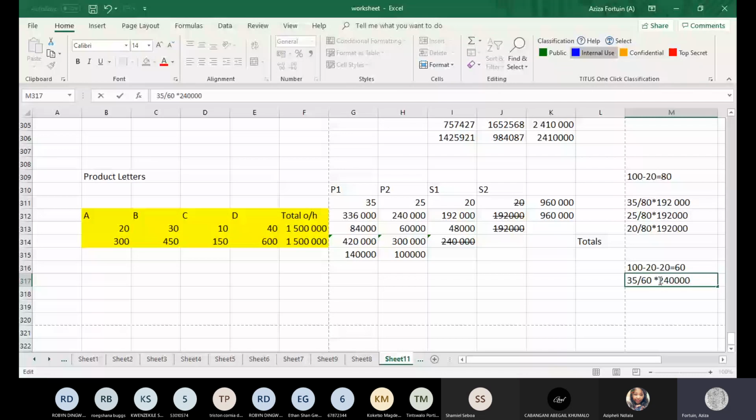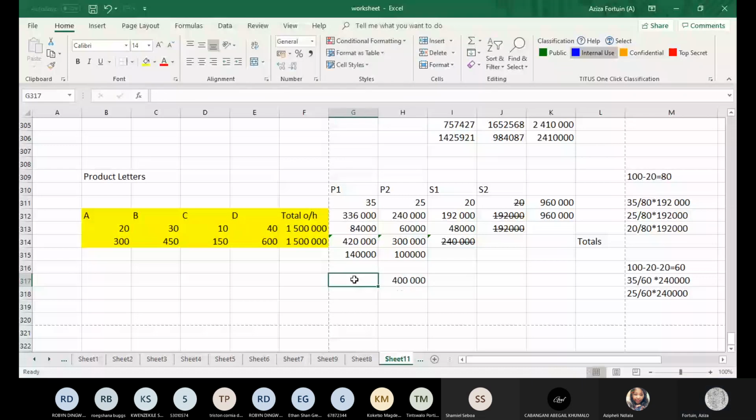Then I go again, 25 divided by 60 times 240,000. Okay, so I'm getting 100,000. So 300,000 plus 100,000 is 400,000, and 420 plus 140 is 560,000. So I'm equal to my 960,000.